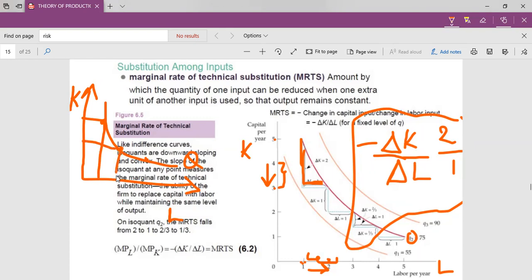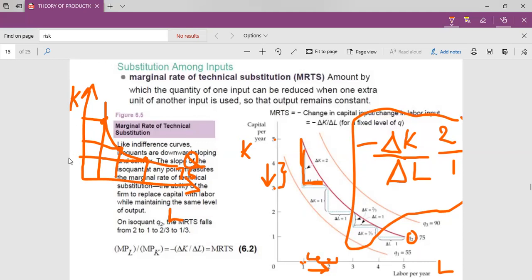Even at that point there, we have a combination of capital and labor. But at the end of the day, if they are giving us maybe 75 units of that particular product, all these combinations are able to give us 75 units of the product produced.